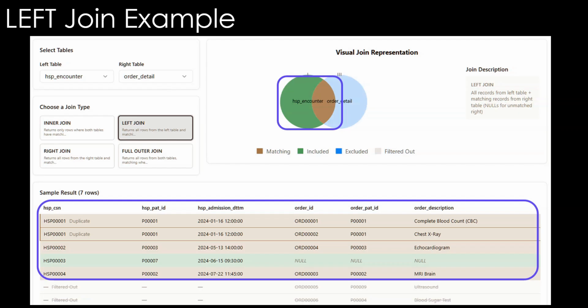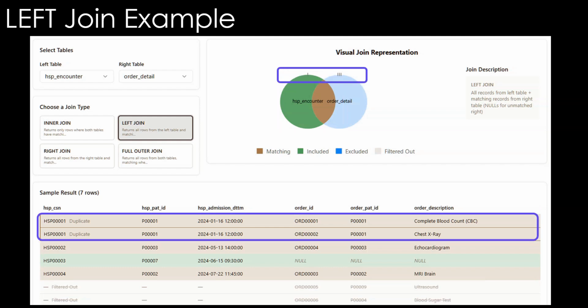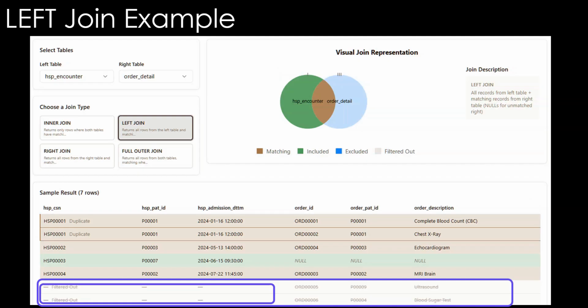So that is a choice that we make whenever we want to keep all the records from the left-hand table, this hospital encounter table, and return, whenever applicable, detail about the other right-hand table, the order detail table. Again, we need to be cognizant always of the relationship that this is one to many and has the potential to duplicate whenever there's more than one result found.